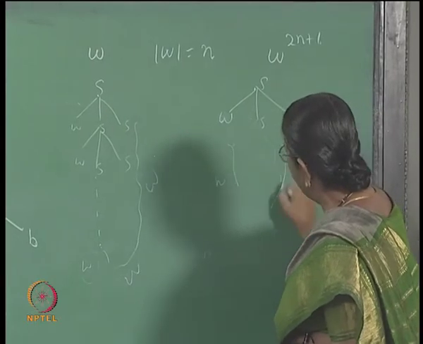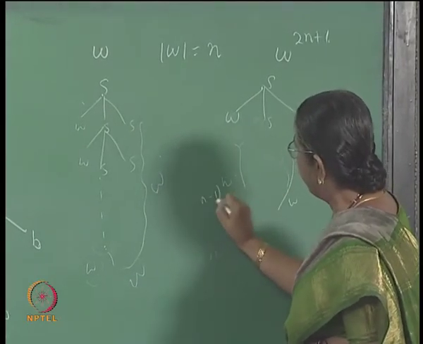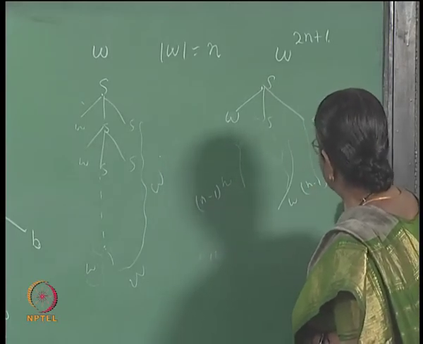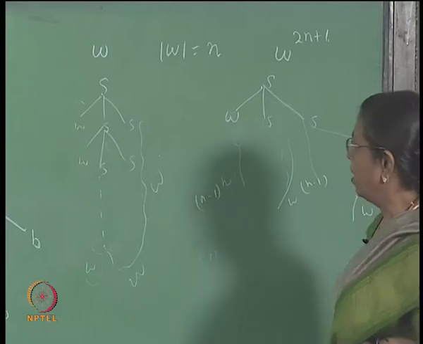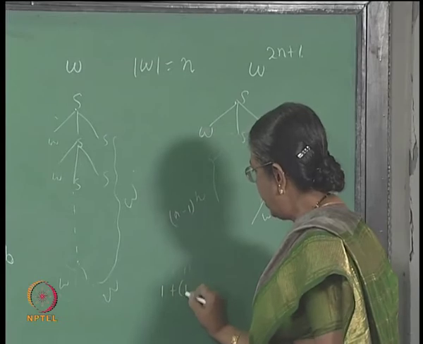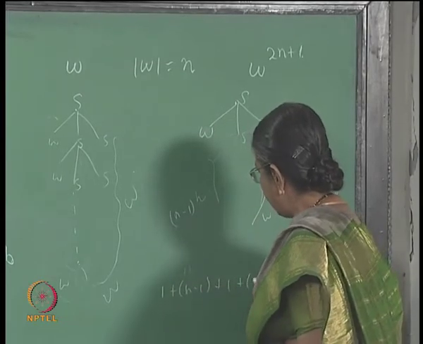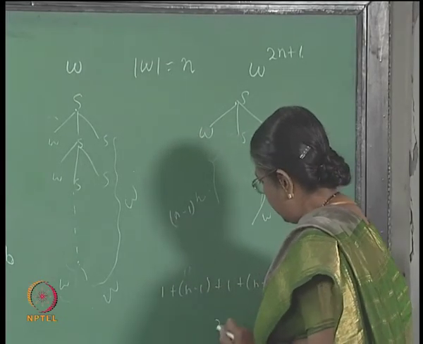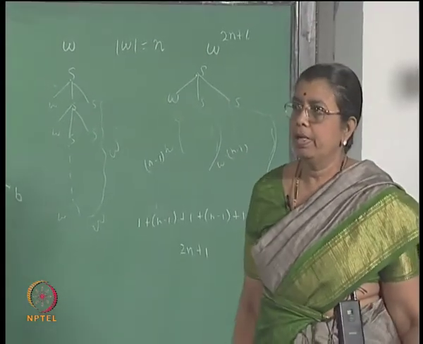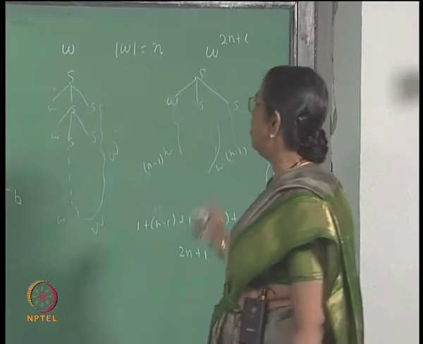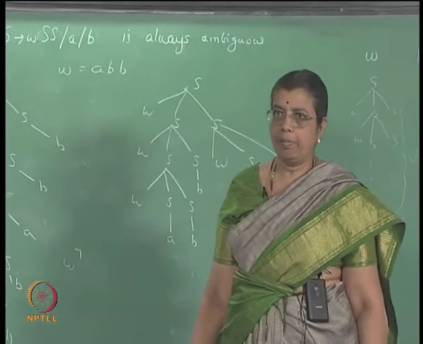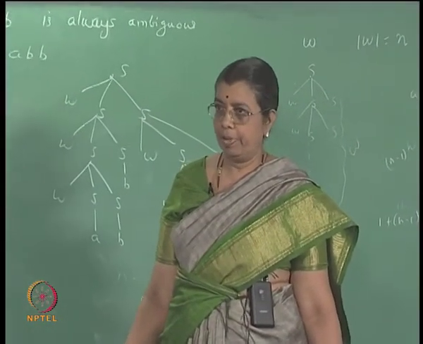So, 1 W will be n minus 1 W's here, and here again n minus 1 W's, and with the S's 1 more W. So, totally the number of W's generated is 1 plus n minus 1 plus 1 plus n minus 1 plus 1, this is 2n plus 1. The string generated will be of the form W power 2n plus 1. If you take such a string, it is always possible to derive in 2 different ways. So, such a grammar will always be ambiguous, whatever may be W.